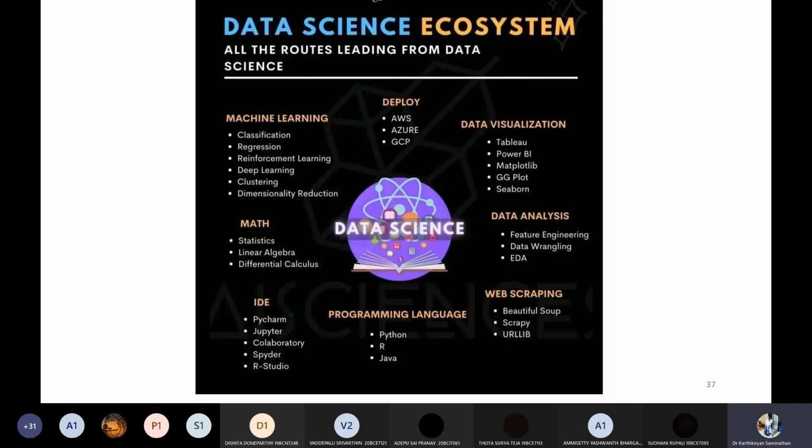So this is your data science ecosystem. Before using all these algorithms, you can have a look at it. When you say machine learning, there are different types. For deployment, you can use AWS, Azure, GCP. For data visualization, you can use Tableau, Power BI, MATLAB, ggplot, Seaborn. For analysis, you can use feature engineering, data wrangling, EDA.